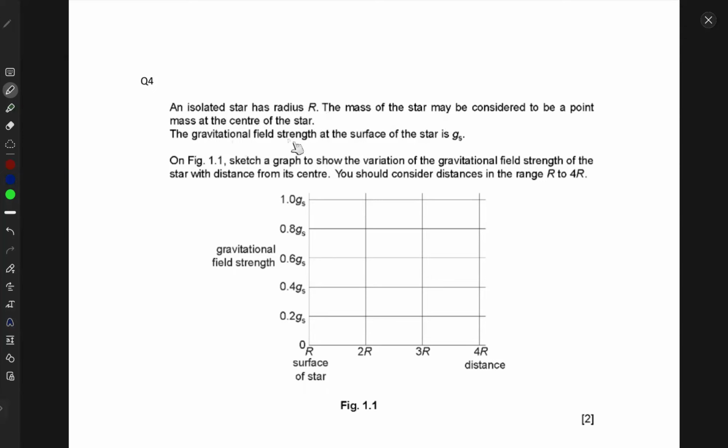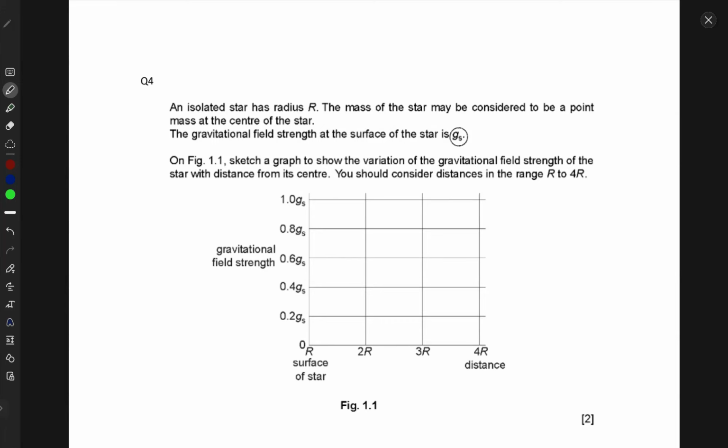Now, the gravitational field strength at the surface of the star is given as Gs. So this is the gravitational field strength. On this figure, sketch a graph to show the variation of gravitational field strength of the star with distance from its center. You should consider distances in the range r to 4r.